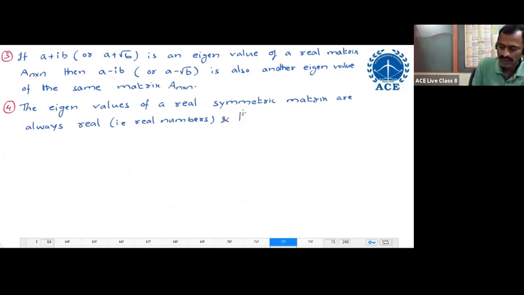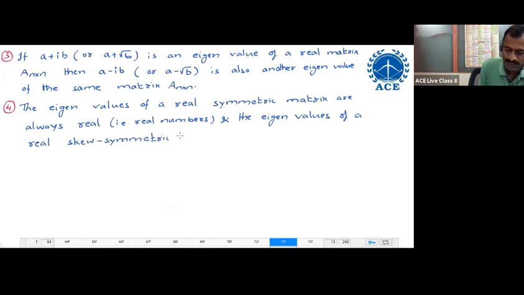And the eigenvalues of a real skew symmetric matrix are either 0 or purely imaginary.